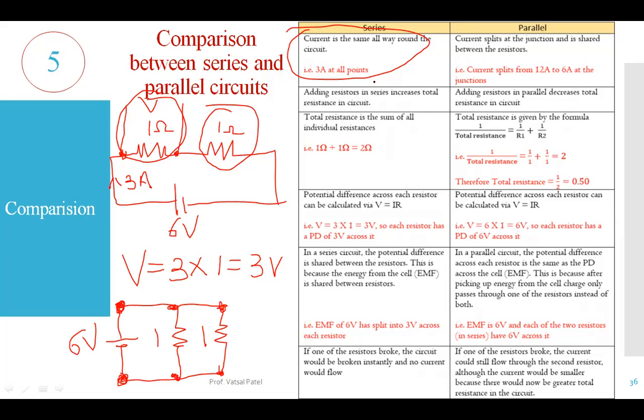Yes or no? So that is the indication of the fifth point here, that in the series circuit, the potential difference is going to be shared between the resistances. That means it will be split into the two resistances here. But in the parallel circuit, whatever the potential difference you identify across the cell or across the source, the same potential difference you will identify across each of the resistances.